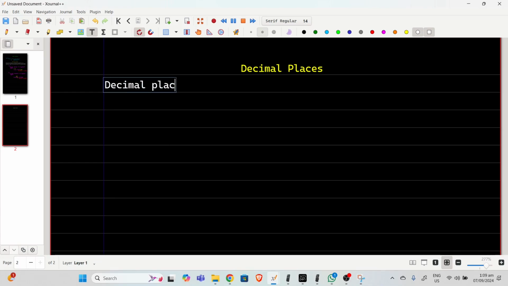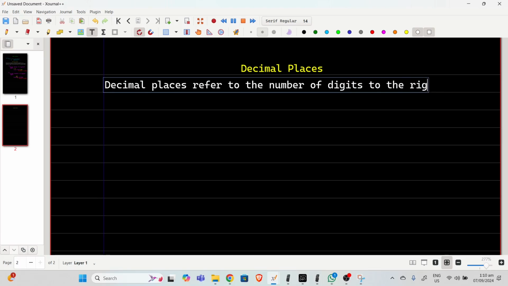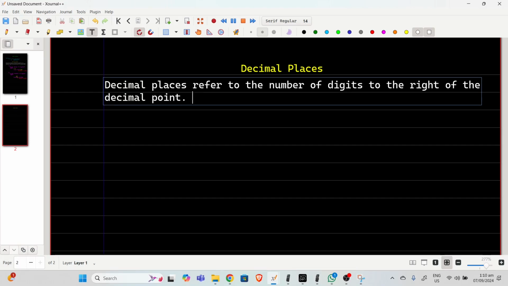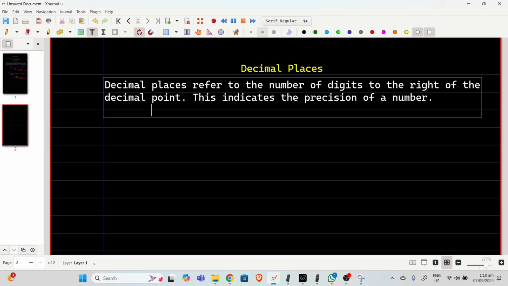Decimal places refer to the number of digits to the right of the decimal point. This indicates the precision of a number.